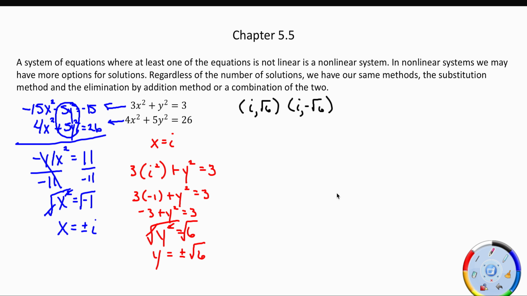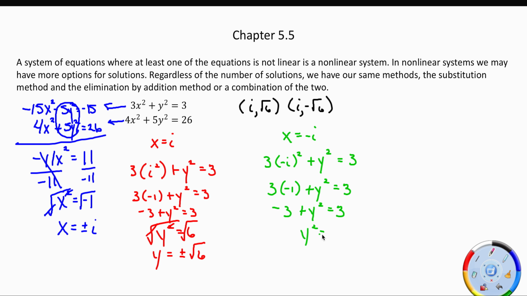Now let's plug in if x equals -i. Okay, then we have 3 times -i squared plus y squared equals 3. Well, a negative squared is positive. i squared is -1. This is still 3 times -1 plus y squared equals 3, or -3 plus y squared equals 3.